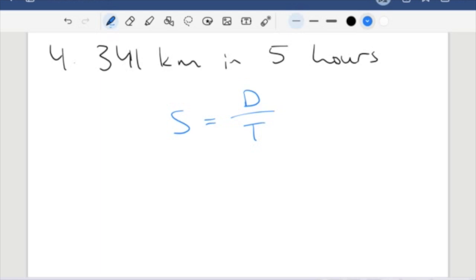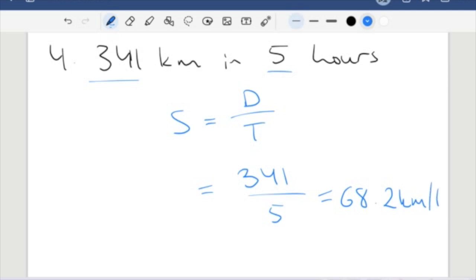So substituting these values in, I have my distance and I have my time. My speed is going to be equal to 341 divided by 5, and that is going to give me a rate of kilometers per 1 hour. So rounded off, this gives me 68.2 kilometers per hour.